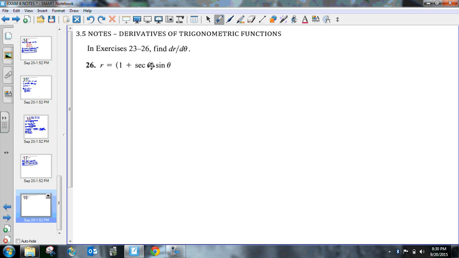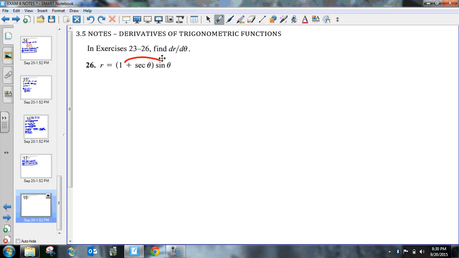Again, I've got one function, 1 plus secant of theta, times sine of theta. I could do the product rule here and call this u and call this v, but I'm going to see what happens if I multiply this through and simplify it before I take the derivative.